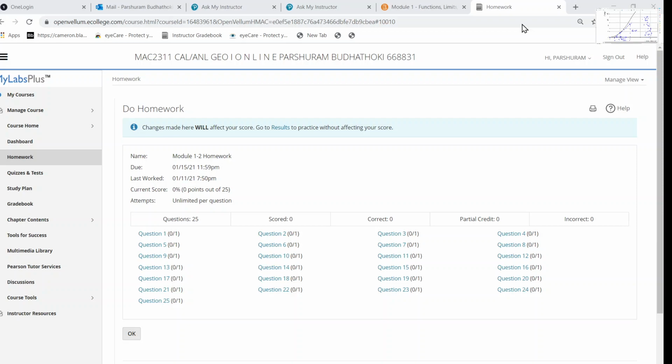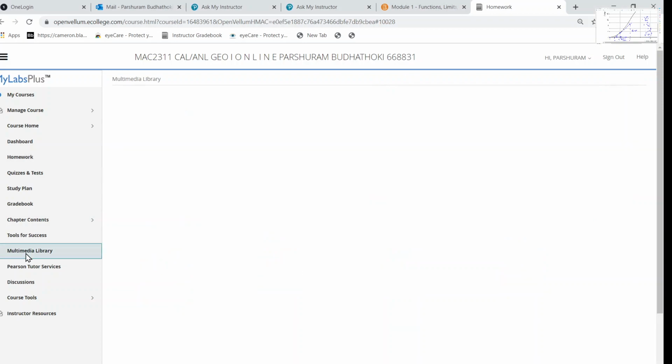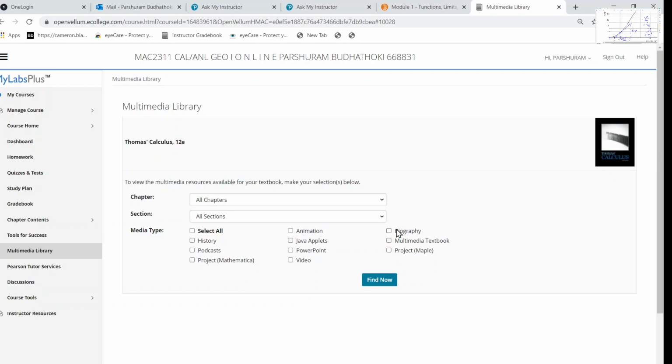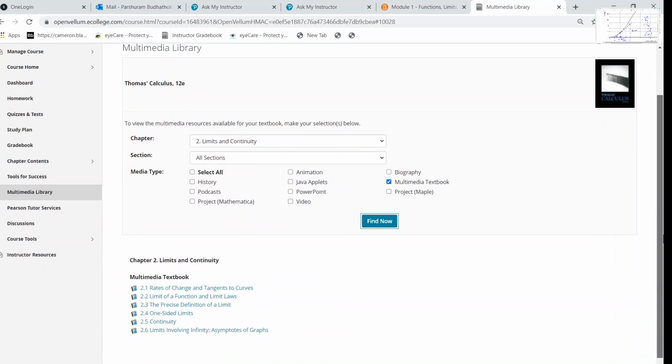If you don't want to use two different books, then you can always use the book given here. You can also find that book in the multimedia library in MyLab Plus. You can find the chapters, and the sections of the chapters, and you can find the book for any part.